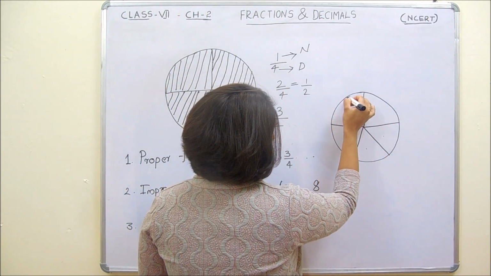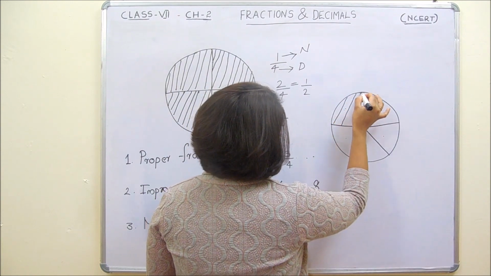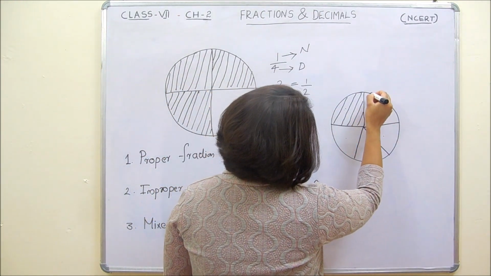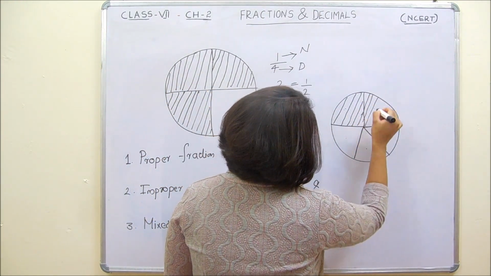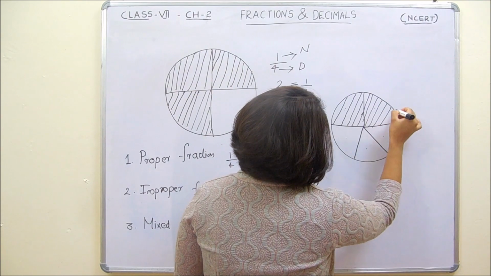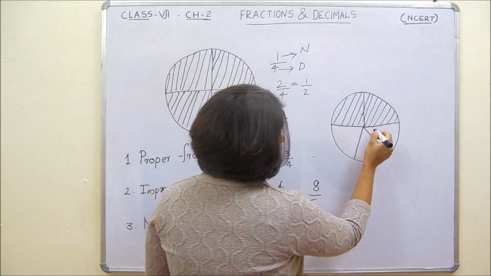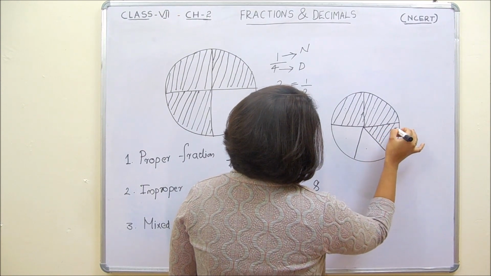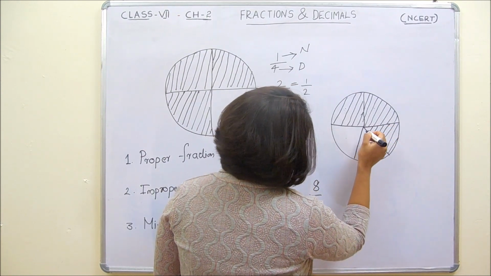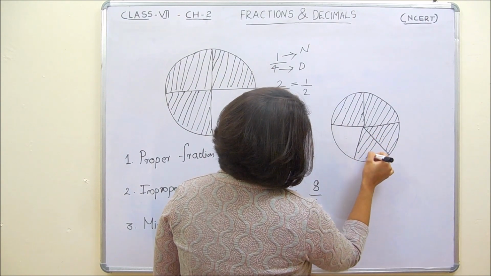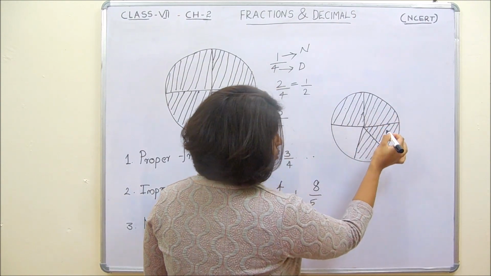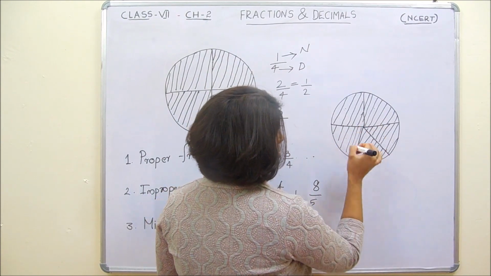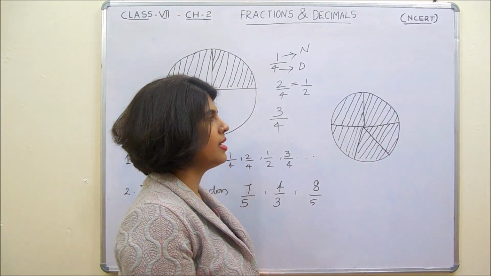If we consider only this part, it is 1 by 5. If we consider this part also, it is 2 by 5. If we consider this part also, it becomes 3 by 5. Considering these two, it becomes 4 by 5. Then considering this, it becomes 5 by 5.